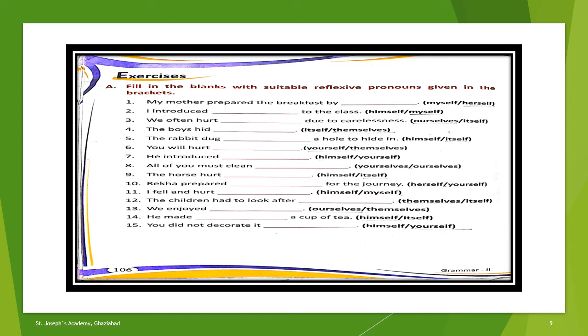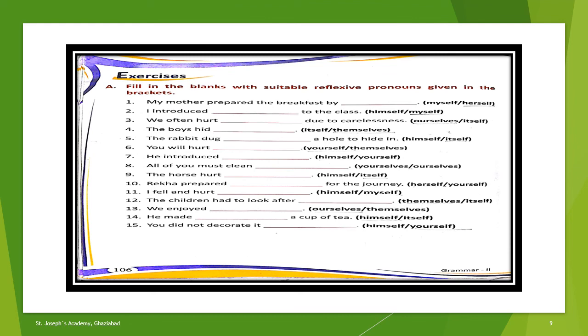Number 13. We enjoyed dash. The options are ourselves, themselves. As you know, when the subject is we, the reflexive pronoun will be ourselves. So it will be we enjoyed ourselves.